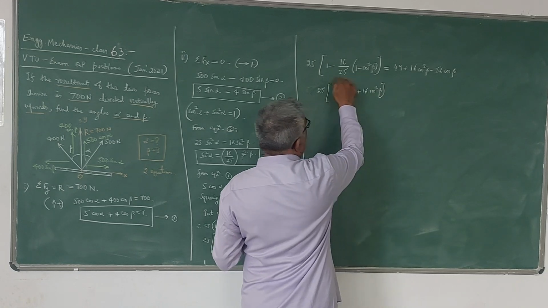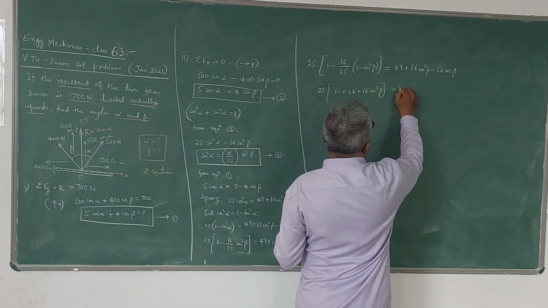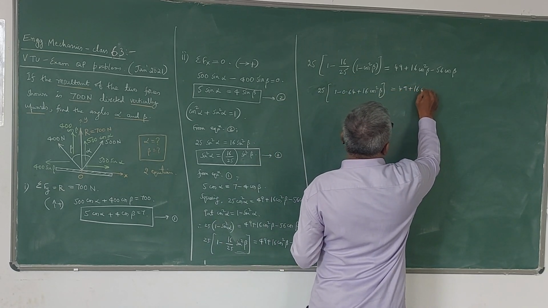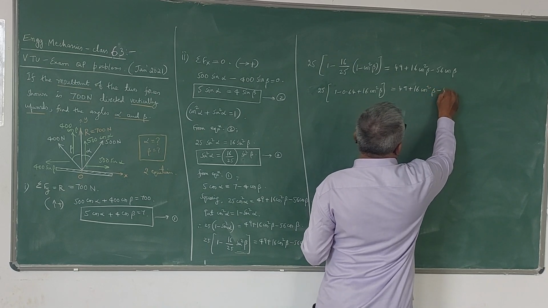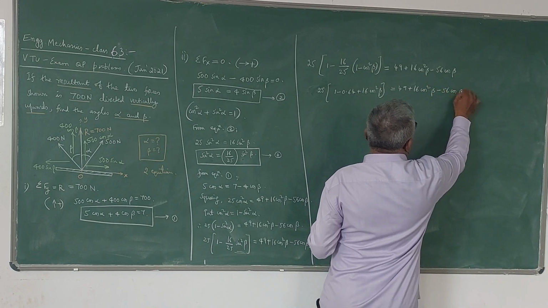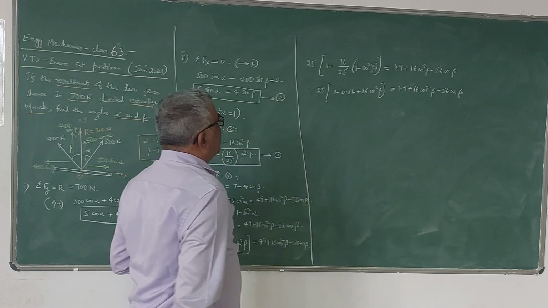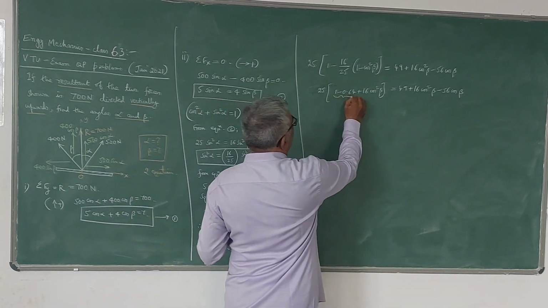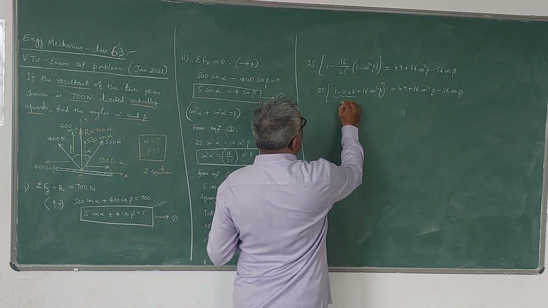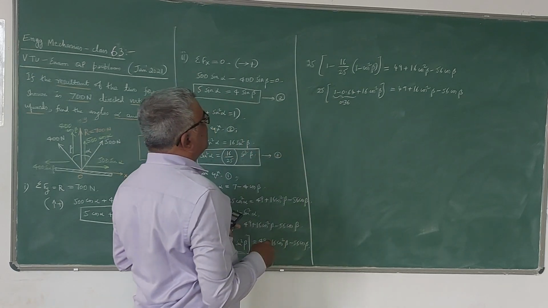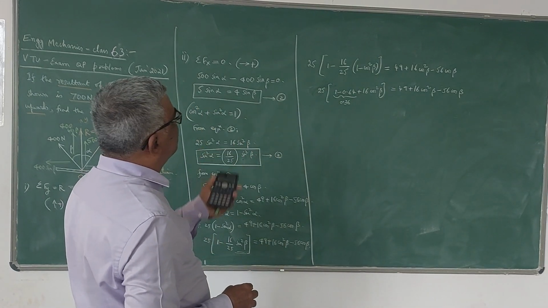I have just multiplied and removed the brackets, and it is equal to 49 plus 16 cos square beta minus 56 cos beta. Now this becomes 1 minus 0.64, which is 0.36.